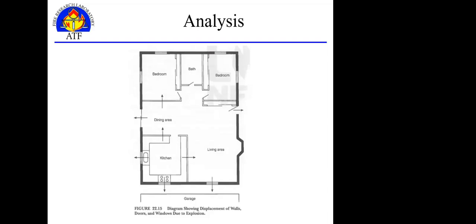I think where this may be most beneficial is more of a bombing scene, where you have an explosive and you're trying to identify where the epicenter or the device is, and find the pieces of that device so that you can piece it back together and develop that kind of evidence.